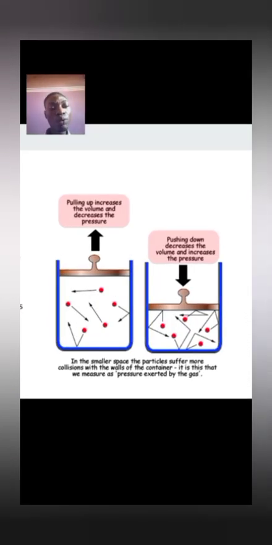That is what is in the second diagram. Here the molecules are moving fast and hitting each other in a short time, which means an increase in pressure and a decrease in volume, or a decrease in volume and an increase in pressure.